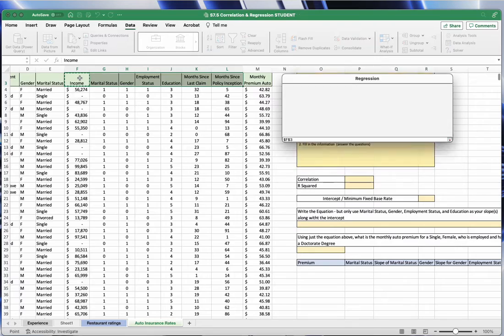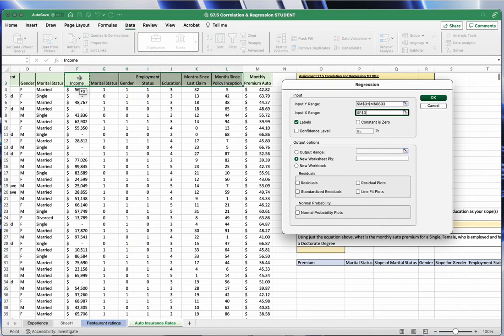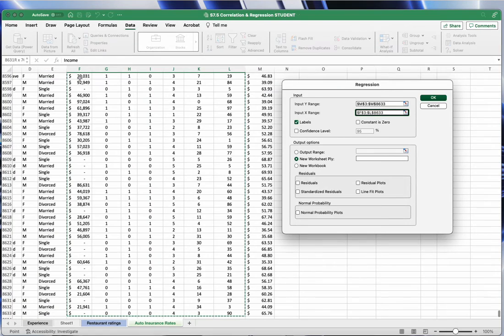Our X range starts at income. So hit Shift, income, marital status, gender, employment status, education, months since last claim, and months since policy inception, and Shift Command Down. So we're going from F3 to L8633. We want our labels, and we're going to click OK.